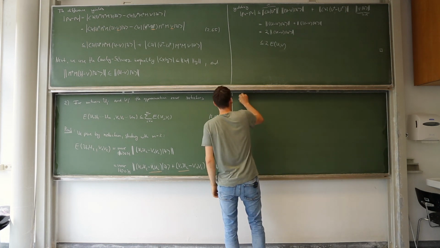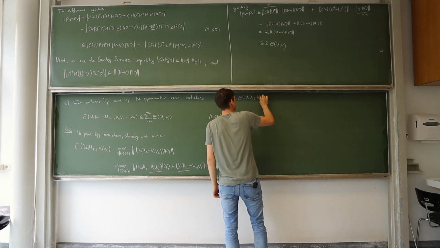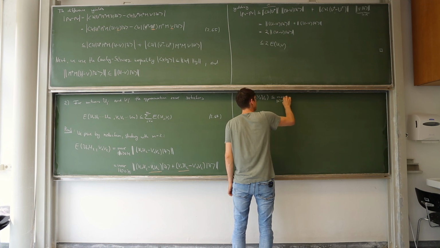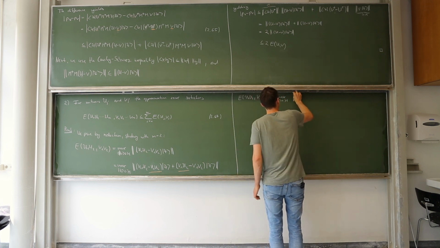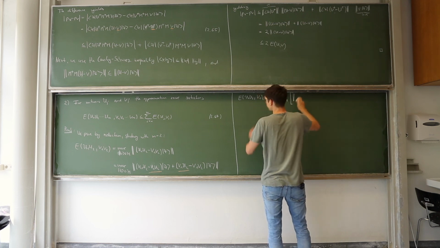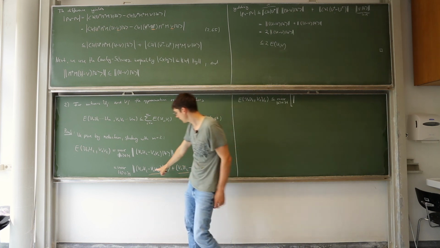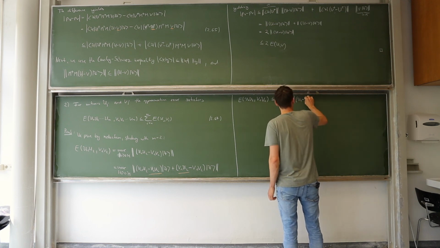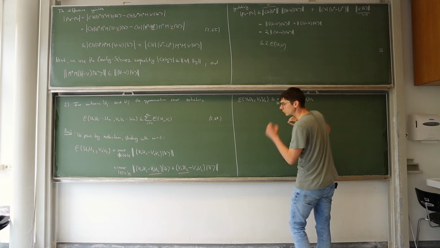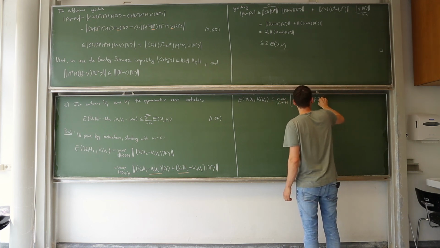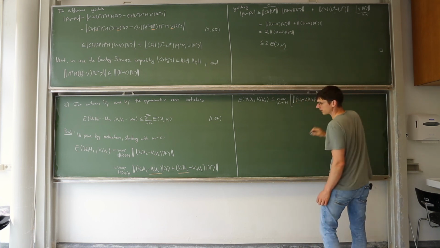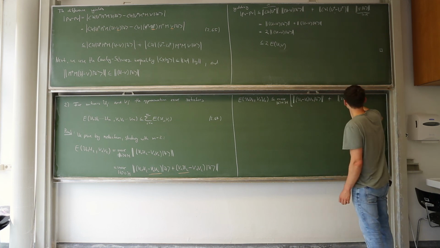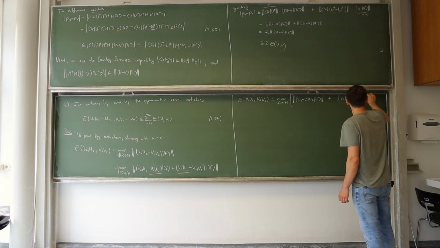So we have E of U1, U2, V1, V2 smaller equal to the maximization over psi in H, and then we have the norm of the first part, which we can write as U1 minus V1 times U2 psi, plus the second part, which we can write as V1 times U2 minus V2 psi.